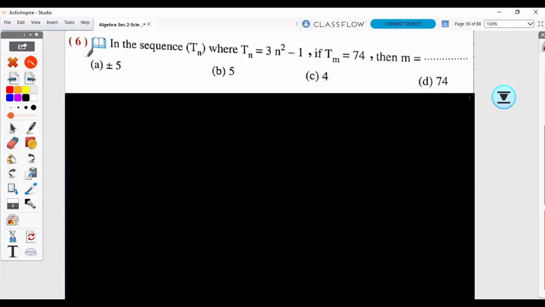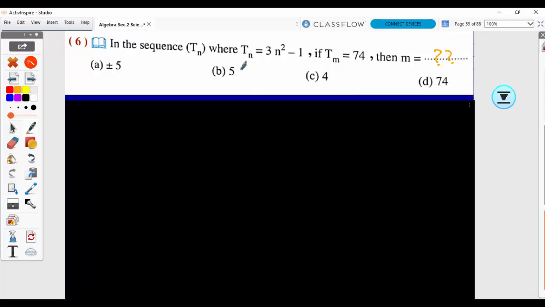Next question, number 6. The sequence Tn, where Tn equals 3n squared minus 1, if Tm equals 74. So what is the value of m? Here, if Tn equals 3n squared minus 1, so Tm equals 3m squared minus 1.